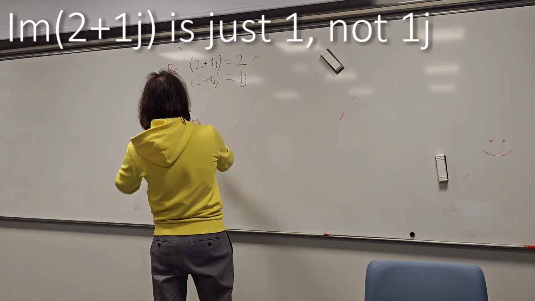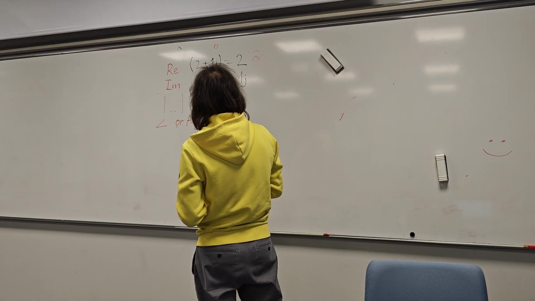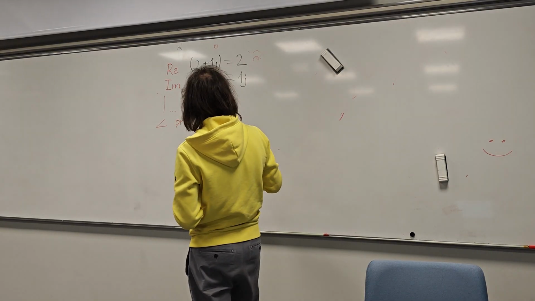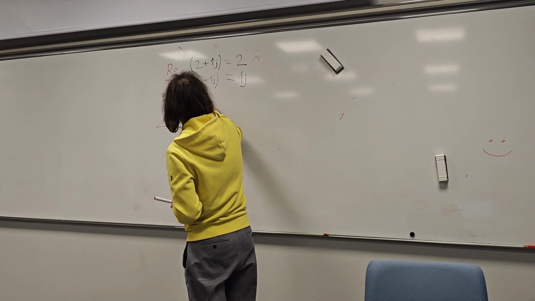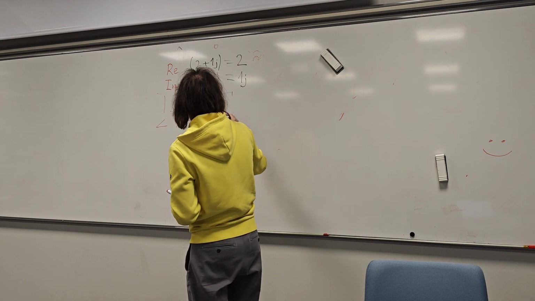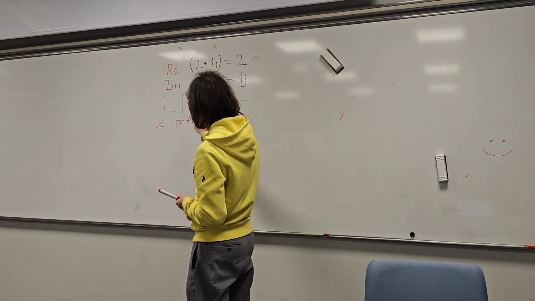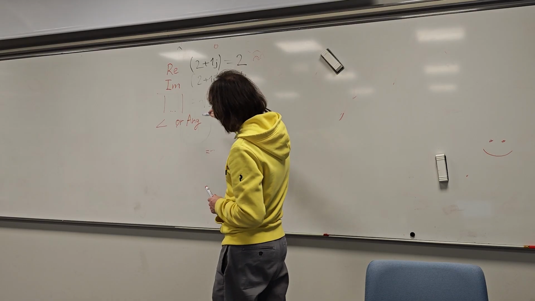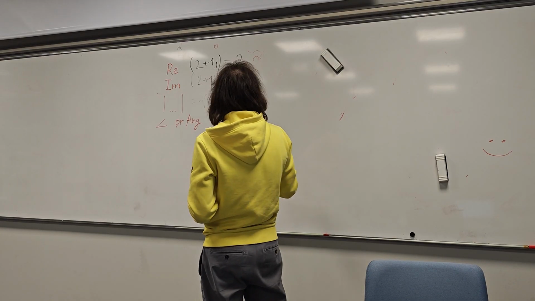What is the module? This is actually the length of the vector which is drawn from the 0 point to the point with these coordinates. So it should be the square root of 2 squared plus 1 squared. And what is the angle? This is the angle between this vector and the real axis.